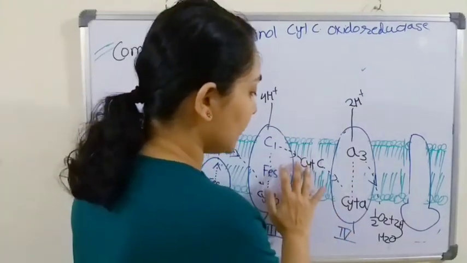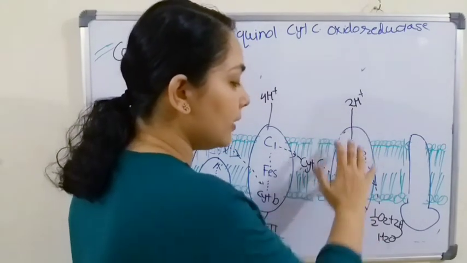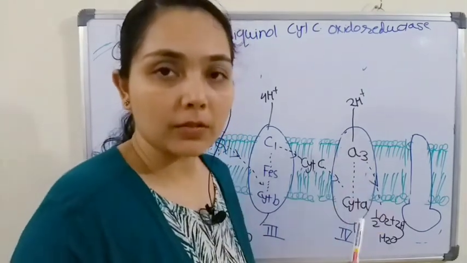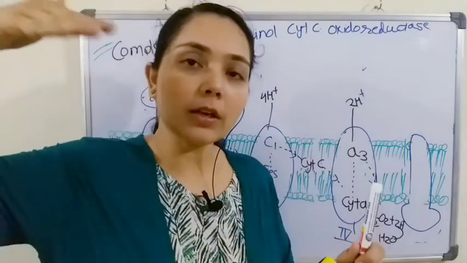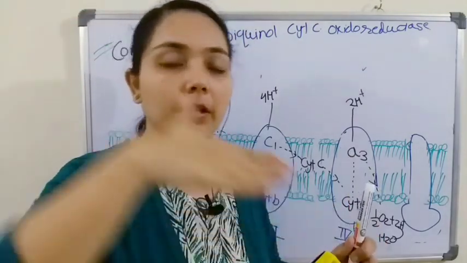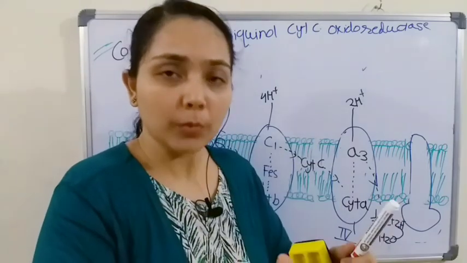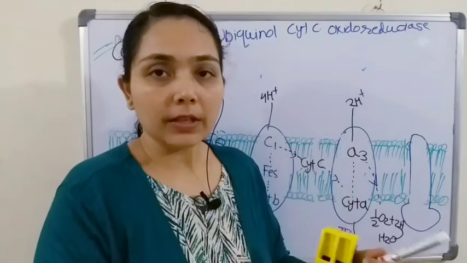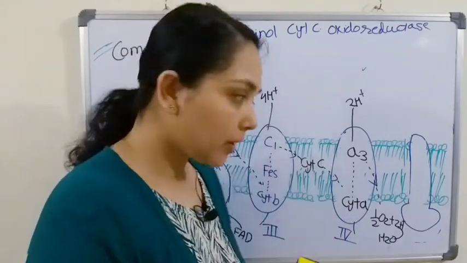So from cytochrome C to cytochrome A and A3, during the transfer of this electron in complex 4, energy will again be released, because all the components are arranged here in the decreasing order of their energy state. As the electron moves from one component to another, some energy will be released as free energy, and this free energy will pump the protons.